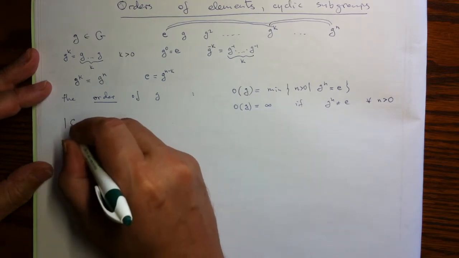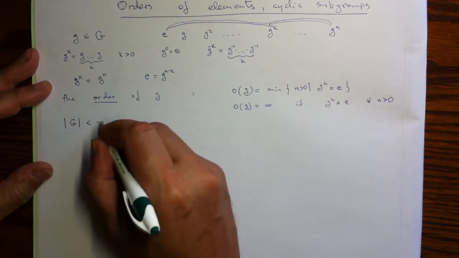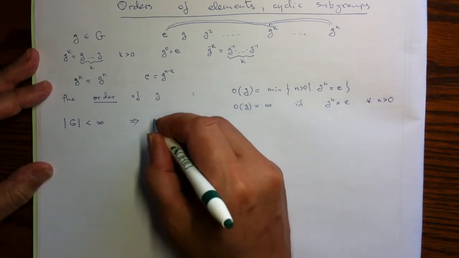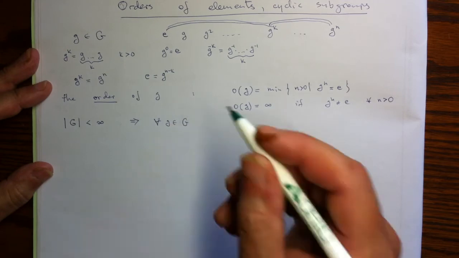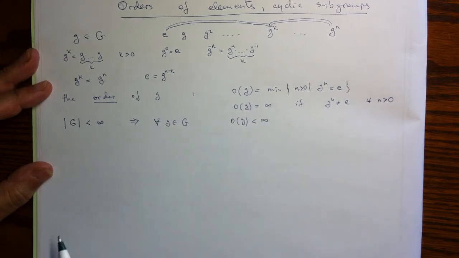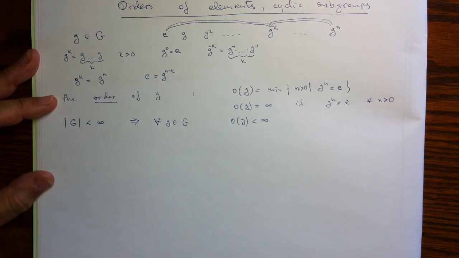Let me just record the fact that if the group has a finite number of elements, if its order is finite, then for any of its elements the order will also be finite. Soon we'll have a better characterization, a better restriction on those numbers, but right now it's already good enough.